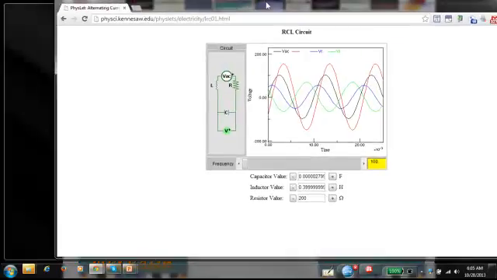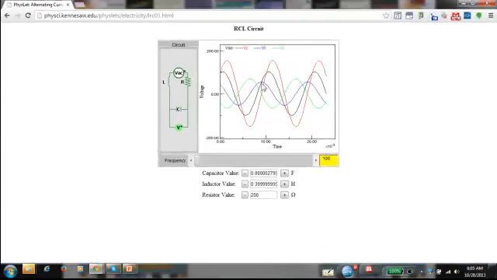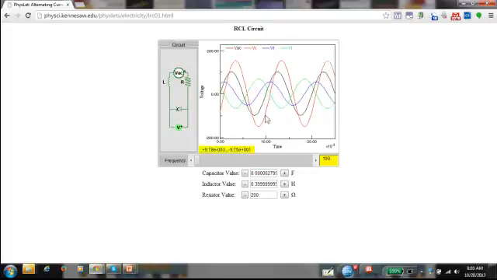Okay, now I go back here and try to find it. So here for 9.78 times 10 to the minus 3 seconds, you notice that the voltage across the capacitor is minus 97.5, which is close enough, within experimental errors, to the value we calculated.